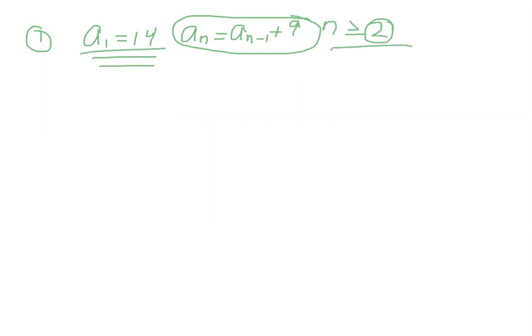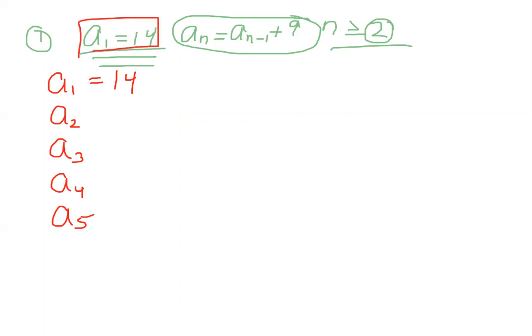So we're going to look for the first 5 terms. So we want a1, a2, a3, a4, and a5. So a1 is 14, right? They defined that for us. A2, we're going to put 2's in for n here, and we're going to say it equals a 2 minus 1 plus 9. And what is 2 minus 1? 1.